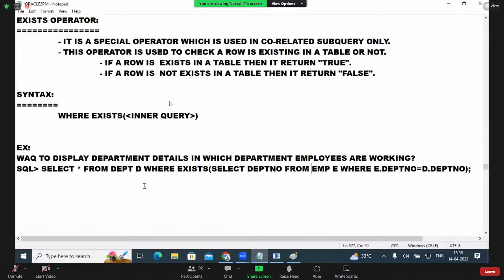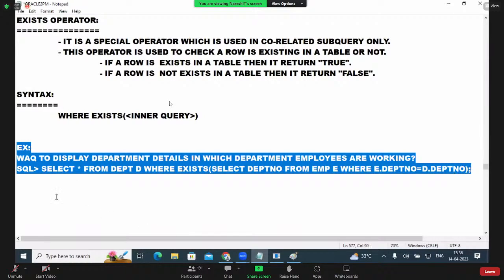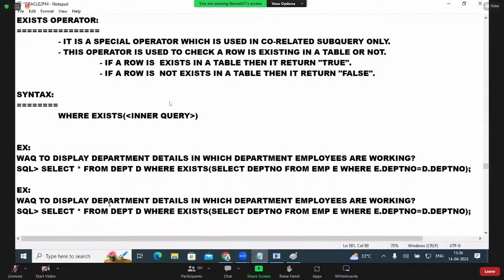Same as this is the positive operator, and next we can write the negative operator. So display department details in which department employees are not working. Not working means I want to use NOT EXISTS here. Can you remember IN, NOT IN, BETWEEN, NOT BETWEEN, IS NULL, IS NOT NULL, LIKE, NOT LIKE?